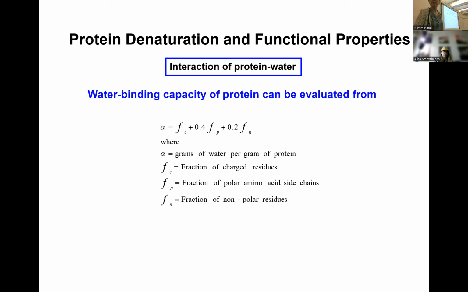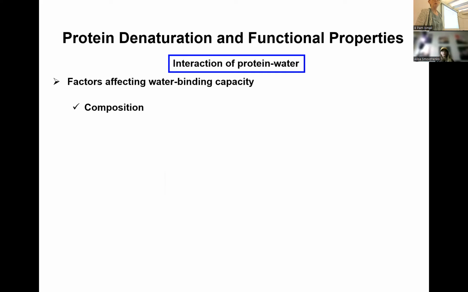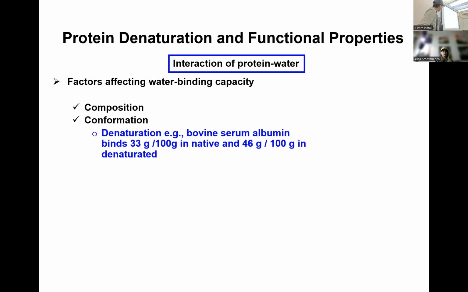Okay. So the composition is what we talked about, the different amino acids: charged, polar and non-polar. You would think when you denature the protein, oh, I'm gonna bind less water. No, you're exposing more groups, so you are binding more water when you denature the protein. Temperature also impacts.